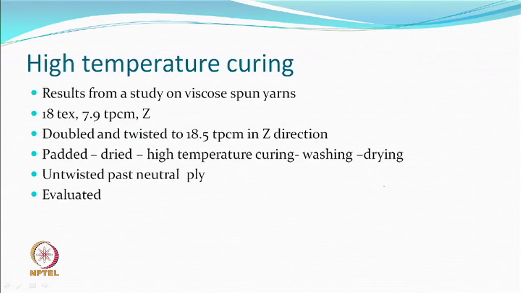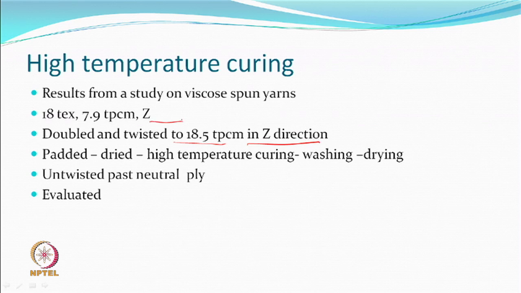That means you dry initially at a low temperature and then cure at a high temperature, so that you can go faster. One example which I am just listing here is some viscose yarn, which was some 18 tex, 7.9 twist per centimeter, twisted in Z direction. This yarn was doubled and twisted to some twist level like 18.5 twist per centimeter, again in Z direction.